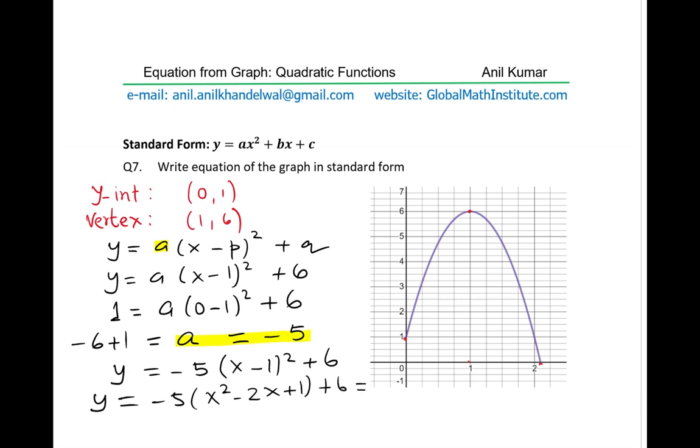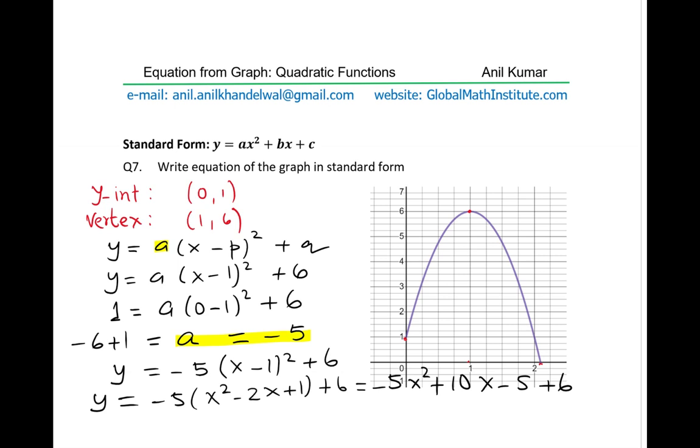Let's extend it. Minus 5 will be multiplied to all these terms. We get minus 5x square plus 10x minus 5 plus 6.